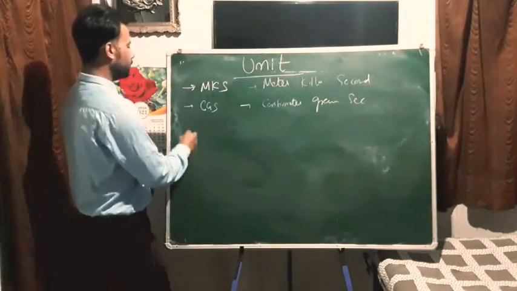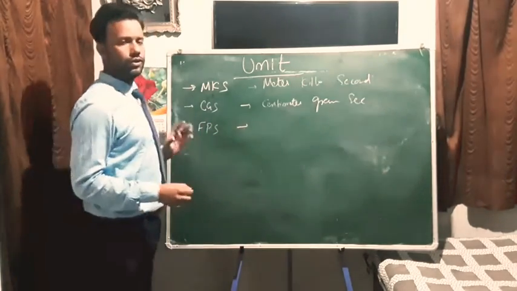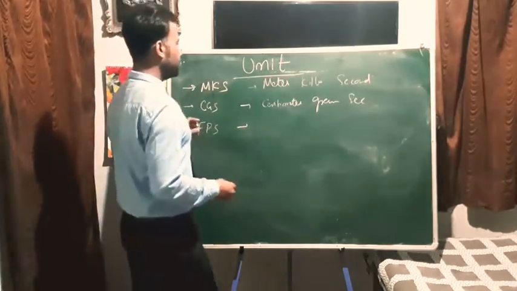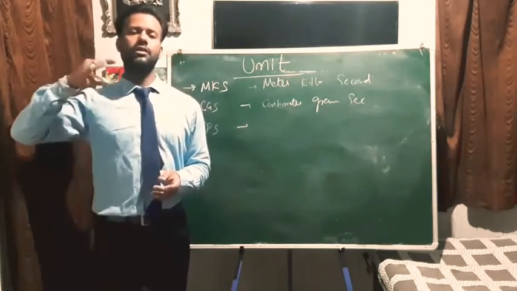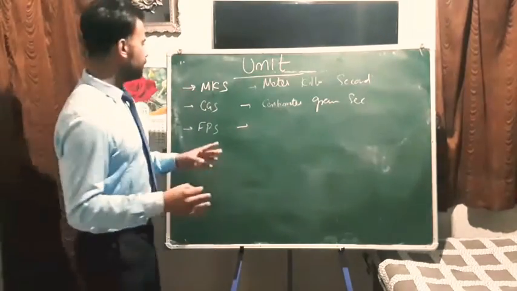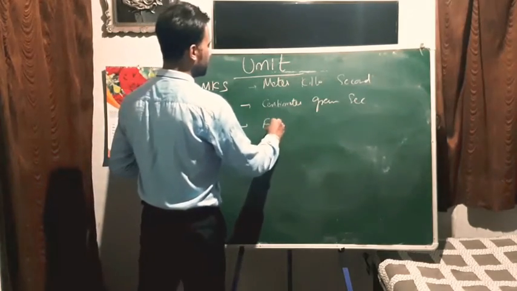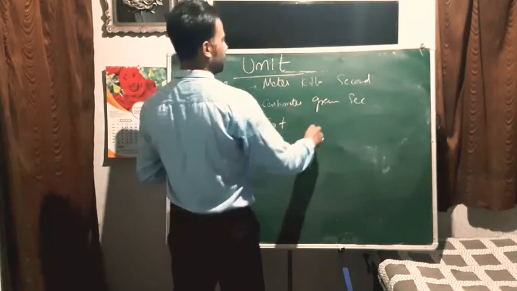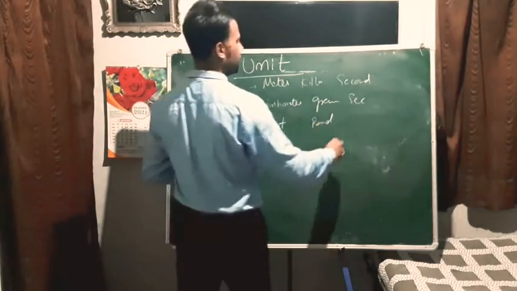And the last we have FPS. We usually don't use this system of units. This system is used in some foreign and European countries, but in India we do not use it. In this case, length is measured in foot, mass in pound, and time in second.